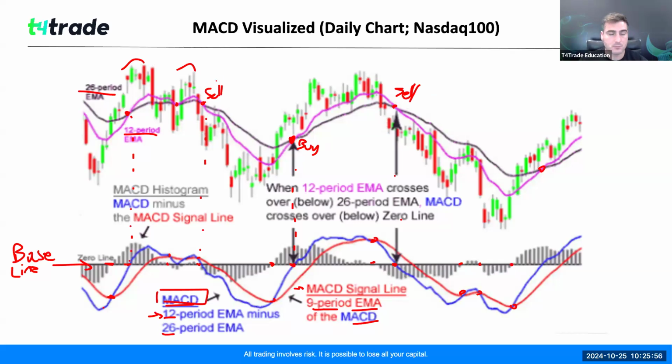Okay. Another one was here. So the signals are generated when the MACD line crosses either above or below the midline, the baseline, or the zero line, this one. The buy and the sell signals are generated here.